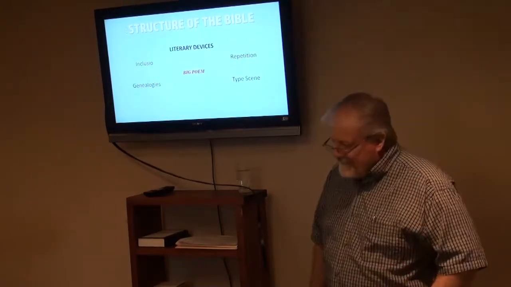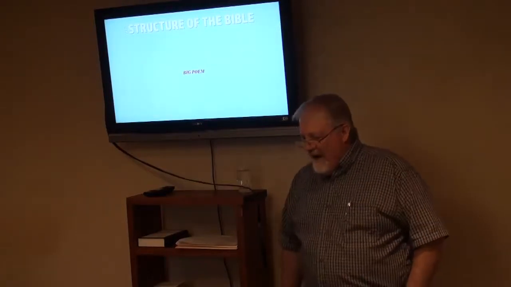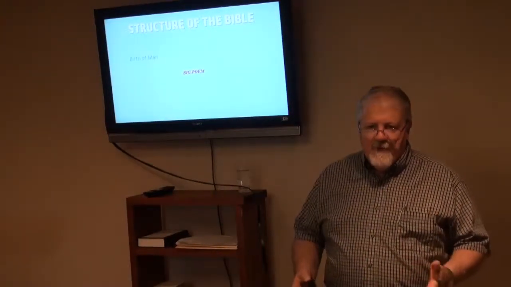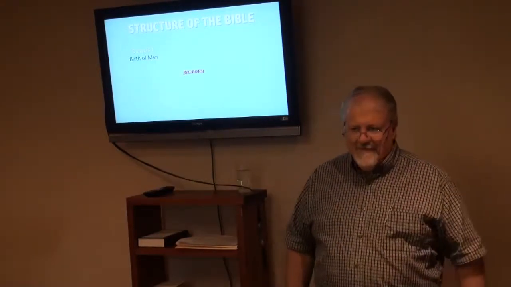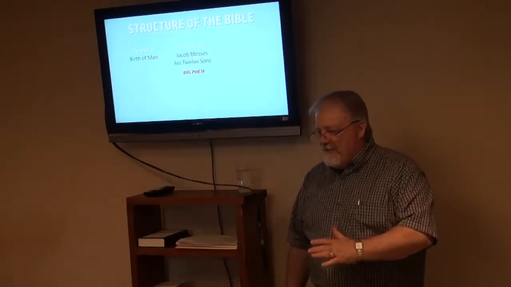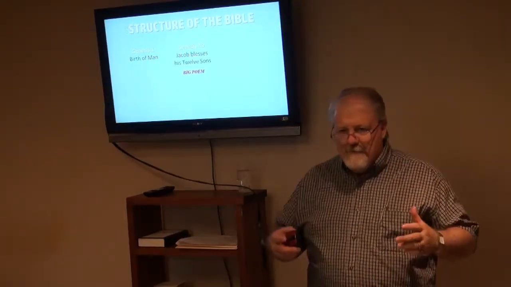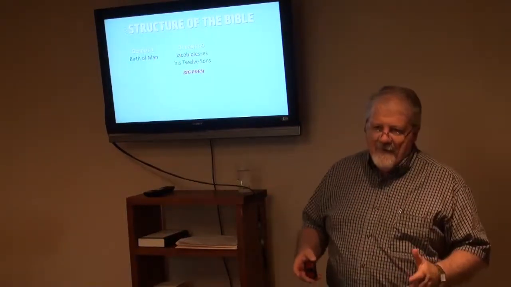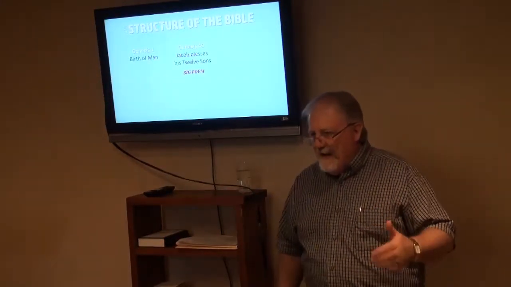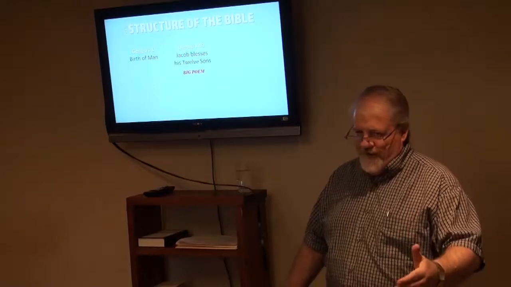So watch this. The book of Genesis begins in chapter 1 with the creation of Adam, right? And then we go all the way through to chapter 49, where we have this big poem. In this big poem, Jacob, who's now called Israel, blesses his 12 sons.